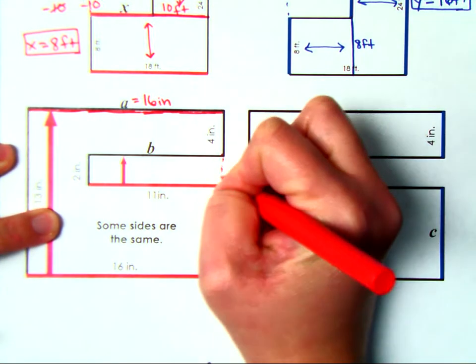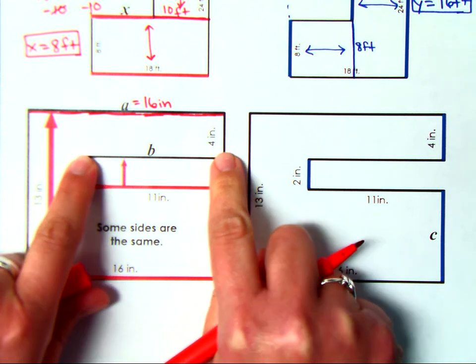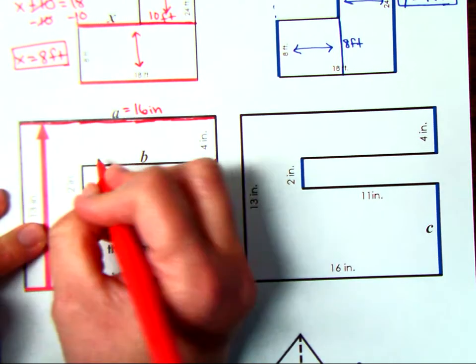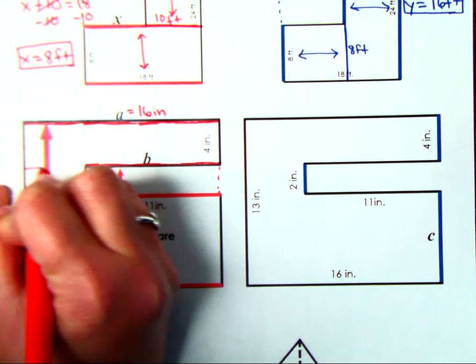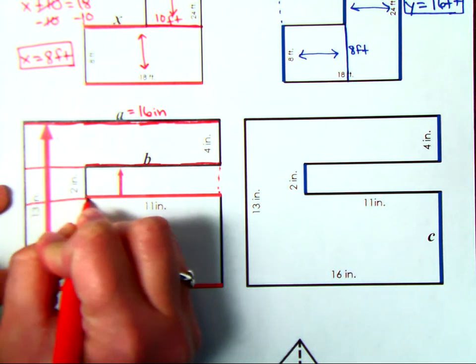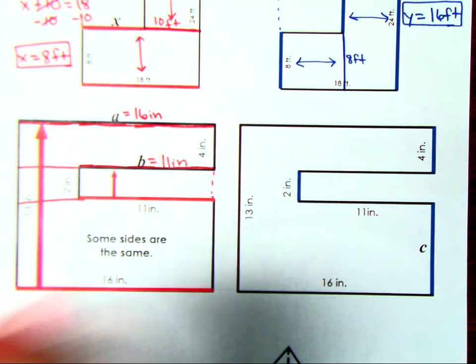Okay, so see it like that. Here again, this 11 inches right here, break it up, move that up right there. It's parallel and congruent because we're breaking it up into these rectangles. So this part would also be 11 inches.